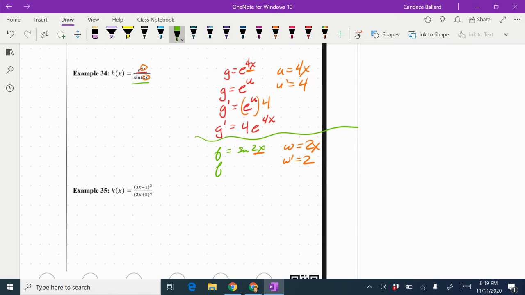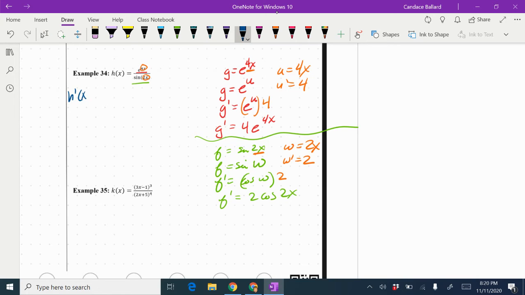I'm going to replace my 2x with a w, take the derivative of my outside function, which is cosine w, multiply that by the derivative of the inside, which was a 2, and then we're going to replace that with 2 cosine of 2x.